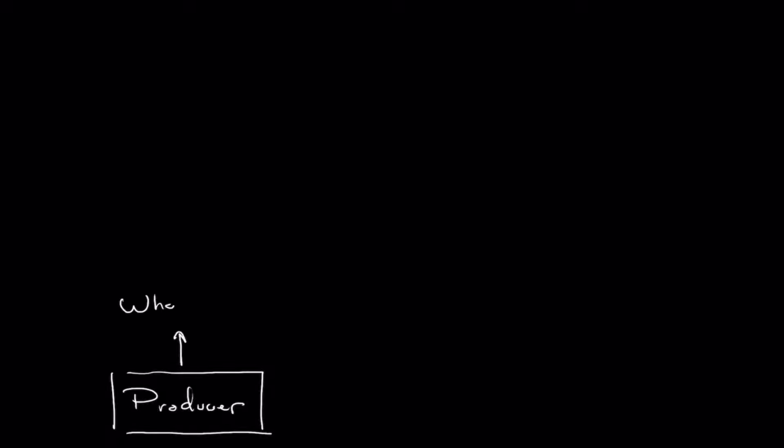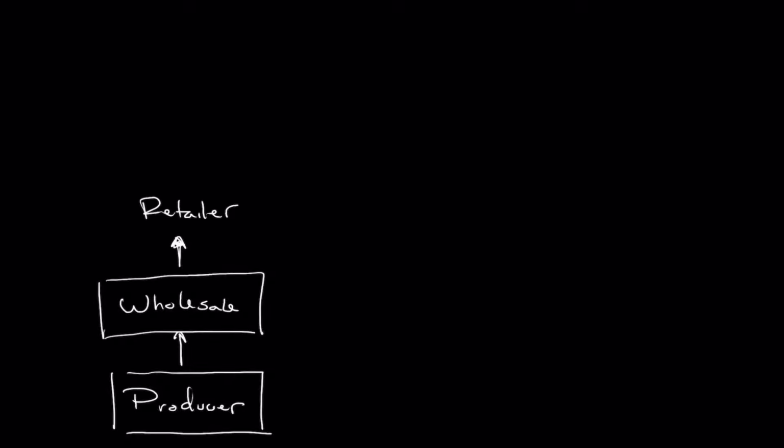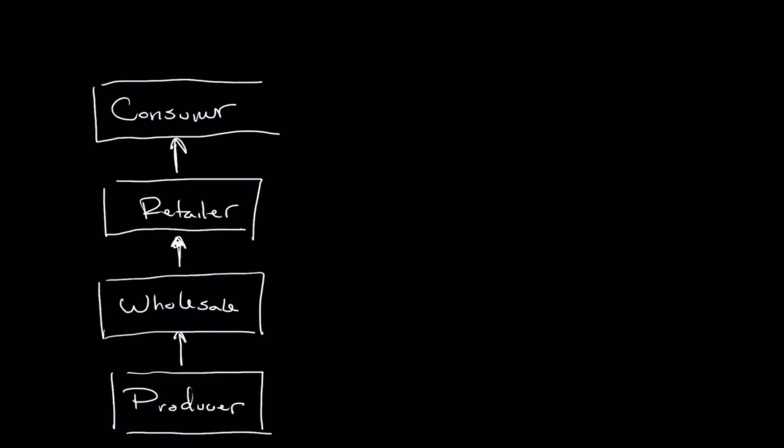And then we have a wholesaler or a wholesale business. And then next we'll put a retailer. And then we're going to go with a consumer. So this is a pretty simple supply chain.